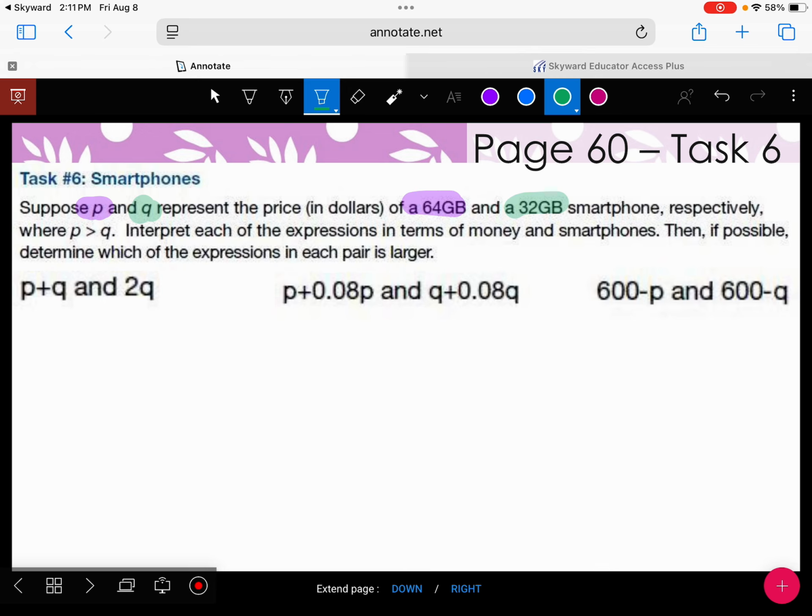And so since we know that P is a 64 gig and Q is a 32 gig, we know P is in fact more expensive than Q. They tell us that. So we're asked to figure out if P plus Q or 2Q, which one's going to be bigger?